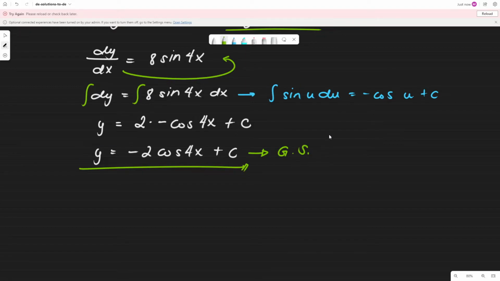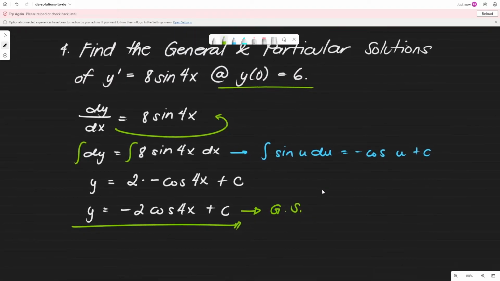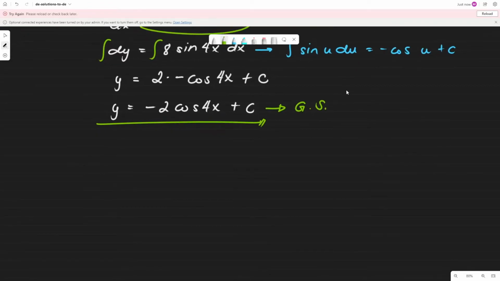Next, we are also asked to find what is the particular solution. So, we are going to use the initial value. So, at y is equal to 6 when x is equal to 0, yan yung kanyang notation. So, substitute lang natin siya dun sa general solution for us to solve what is the value of the arbitrary constant. So, we have 6 is equal to negative 2 cosine of 4 times 0 plus c.